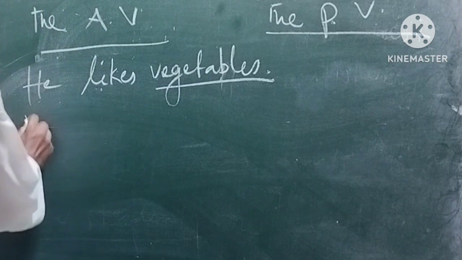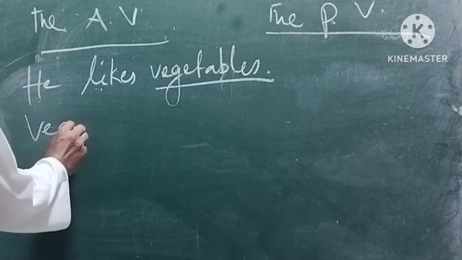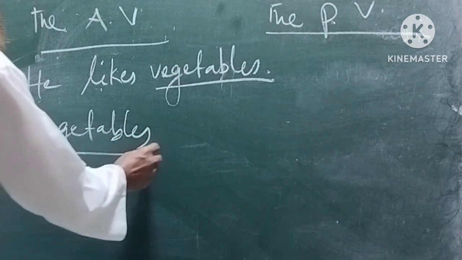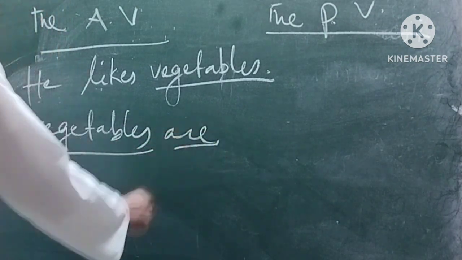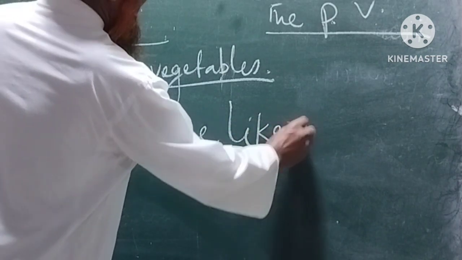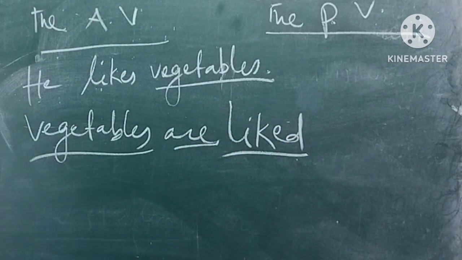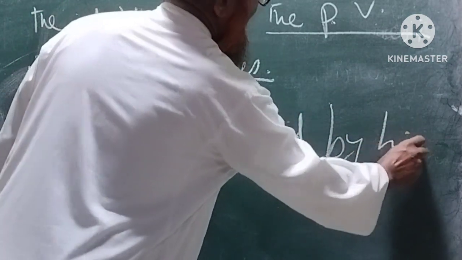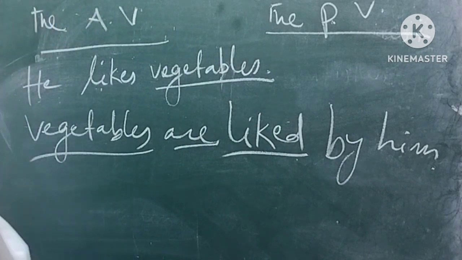Vegetables, plural number, are will come. Vegetables are liked, main verb past participle, by him.